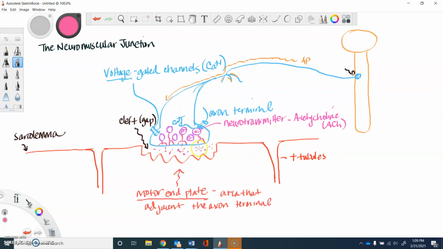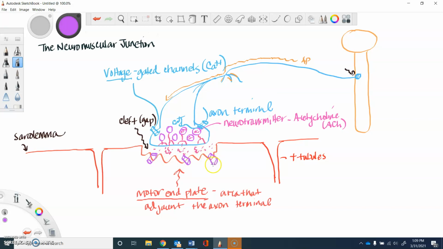The acetylcholine will come across the cleft to the motor end plate. And at the motor end plate, there are other channels that are also gated.